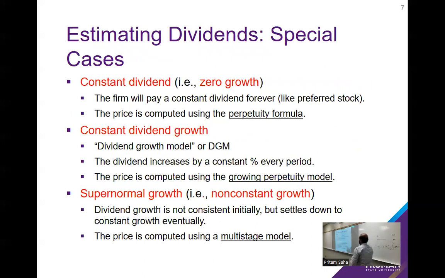There are basically three different models, or three different ways, to think about future dividends. The first one is constant dividend, or zero growth in dividend.